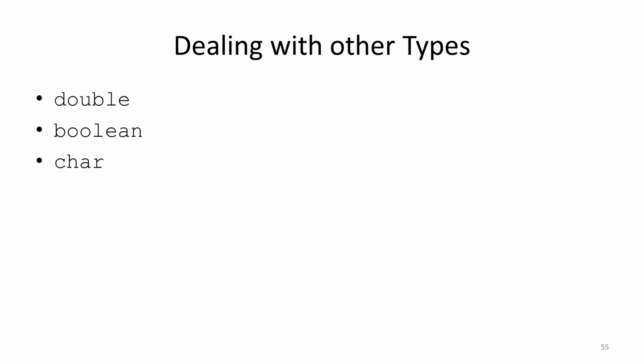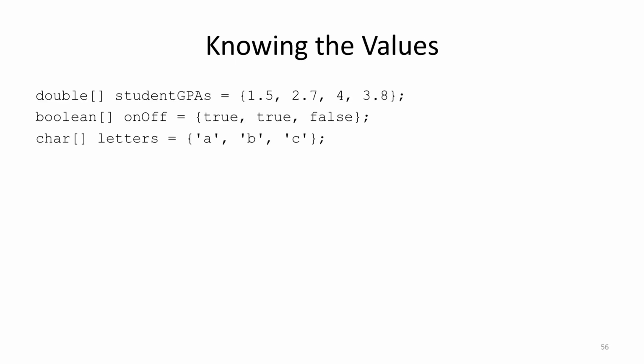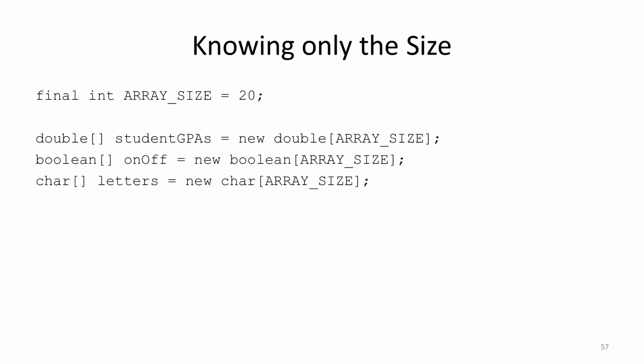So we have worked with integer and string arrays, but what about the other data types? For example, double, boolean, or char. It is essentially the same deal. You can create arrays of other types using the two approaches. If you know the values you want to store in the array, then you can use the array initializer. If you only know the size, or how many values the array can store, then you would use approach number 1.